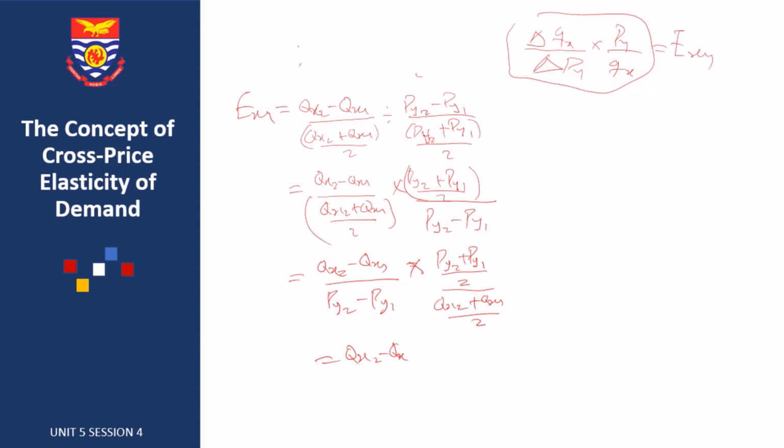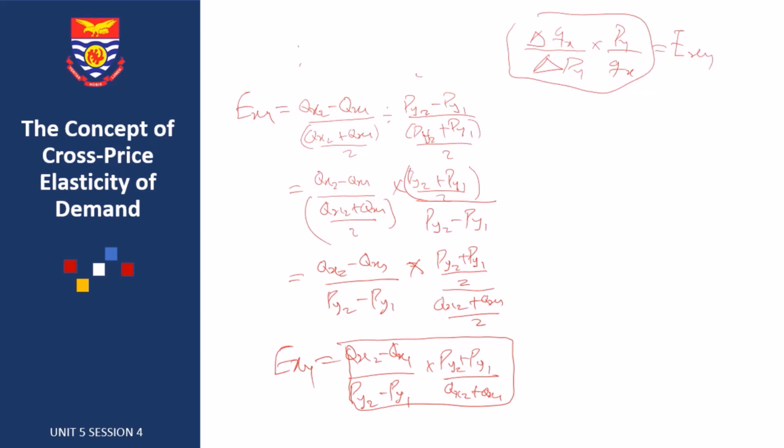We end up getting QX2 minus QX1 over PY2 minus PY1 times PY2 plus PY1 divided by QX2 plus QX1 as our arc cross price elasticity technique for two price levels.